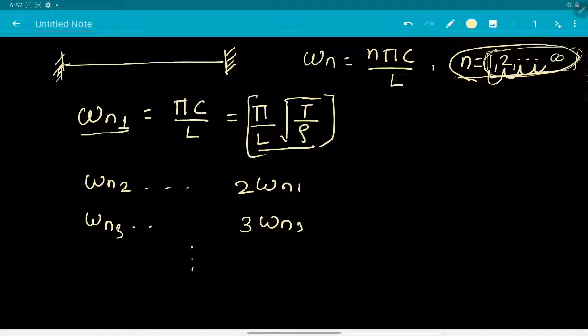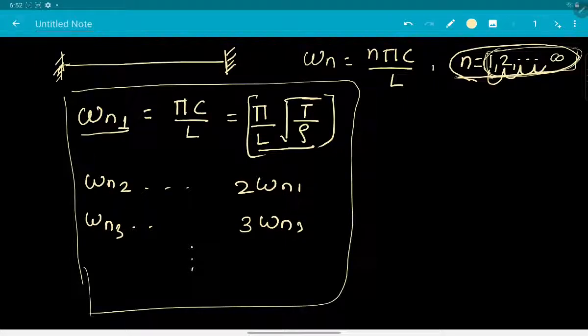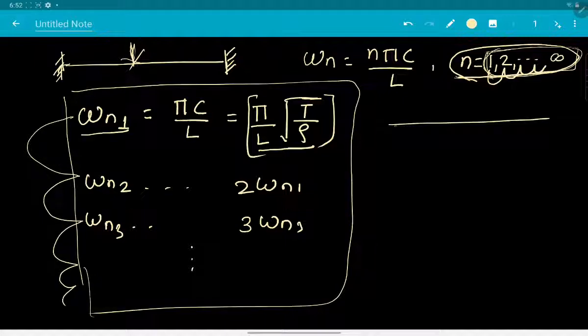When such conditions appear, which happens in the case of a taut string, then if you disturb or pluck this particular string in a certain fashion, you can excite many such natural frequencies. For an initial condition, let's say you are plucking it over here.